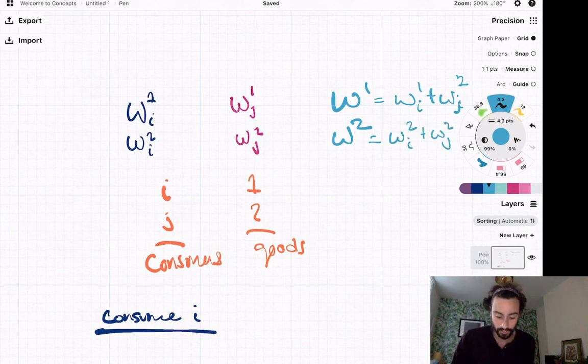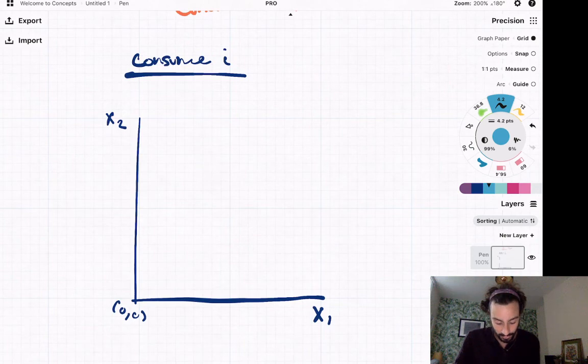These are the total amounts of the goods in the economy. It's the amount of good 1 that I had plus the amount of good 1 that J had, and the amount of good 2 that I had plus the amount of good 2 that J had. That's the total amount of good 1 and good 2.